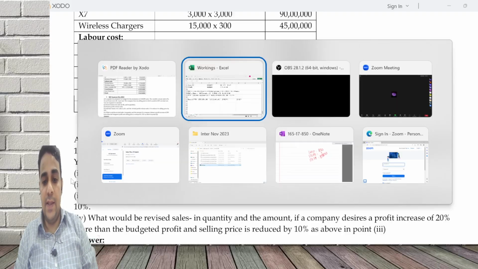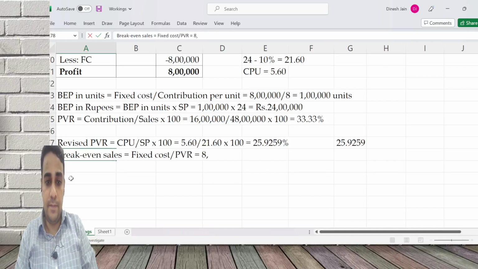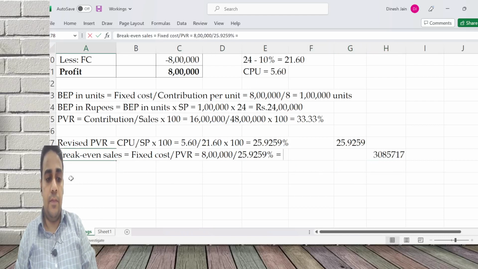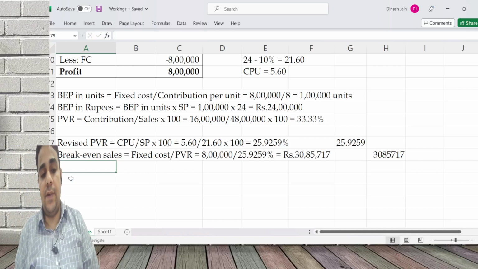Break-even sales and PVR were asked. Break-even sales, only rupees have been asked, is fixed cost by PVR. 8 lakh by 25.9259% is 30 lakh 85,717.